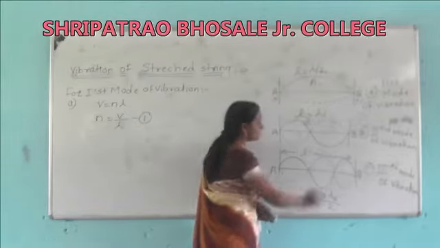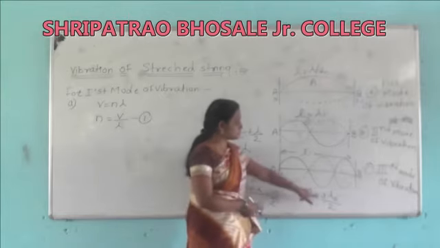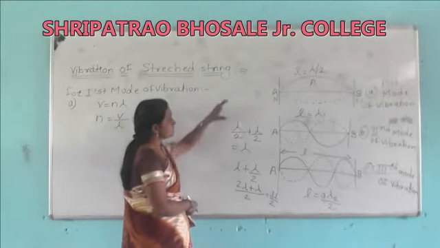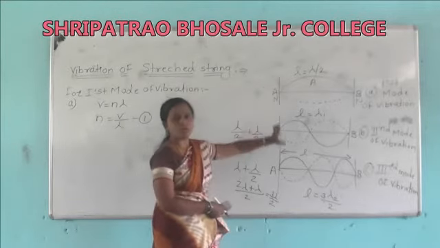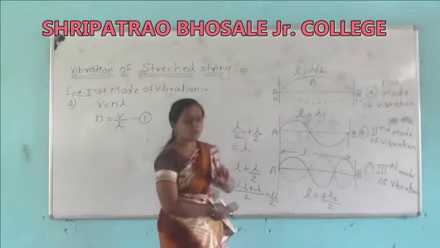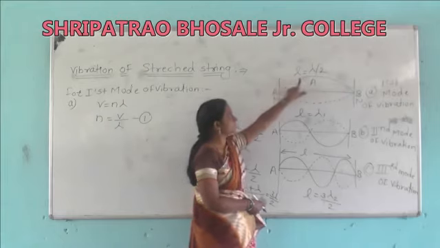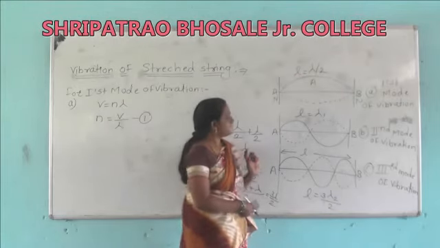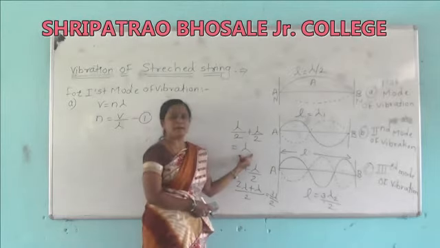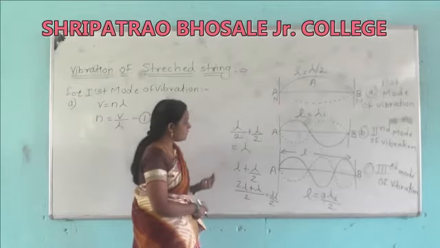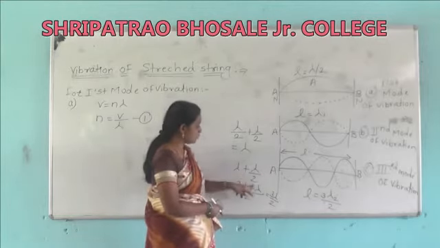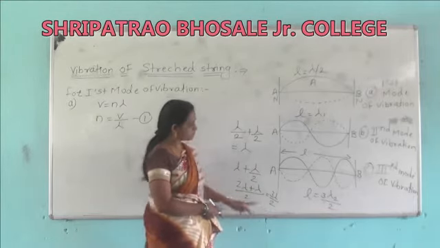So when one loop is formed, the distance is lambda by 2. When two loops are formed, the distance is lambda. And when three loops are formed, the distance is lambda plus lambda by 2, that is 3 lambda by 2.